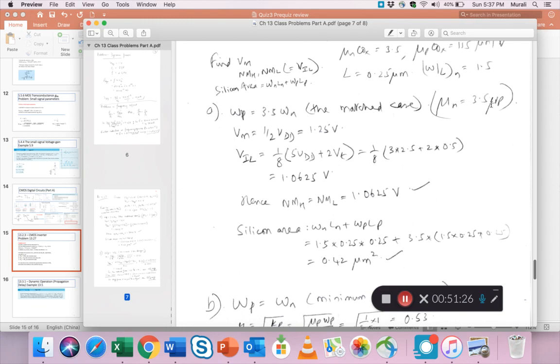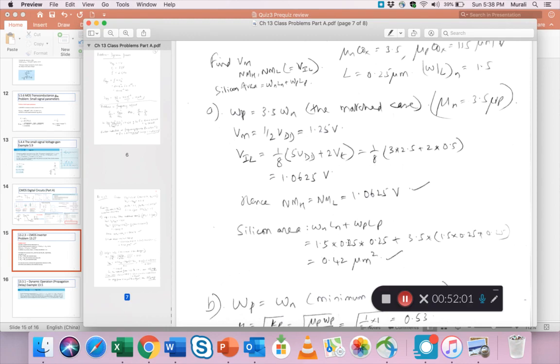Because mu n is given to be 3.5 mu p, that means Wp equals 3.5 Wn. Actually this is given, we conclude that this is also true because they are the same thing. So Vm should be half of VDD, this is the perfect case, and that's 1.25 volts. Now VIL, we have the formula for this, you can look it up in the table, and that comes out to be 1.0625, and hence noise margin high, noise margin low is the same value, okay, because it's a CMOS.